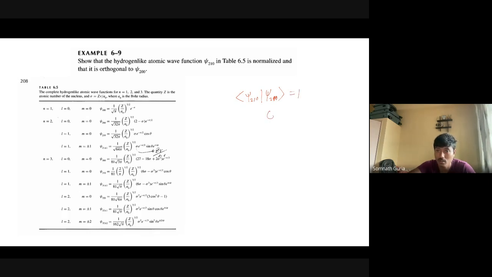This is the normalizability. And orthogonality will be bra psi 210 and ket psi 200 gives you 0. This is the orthogonal condition.